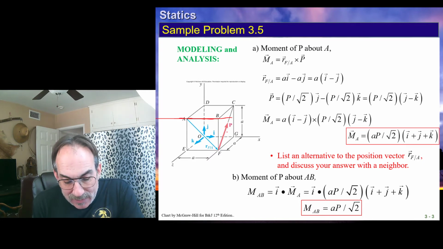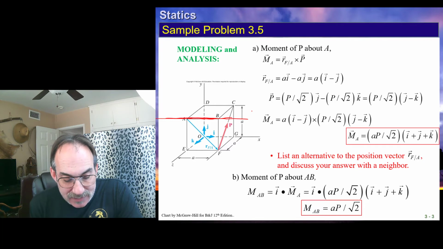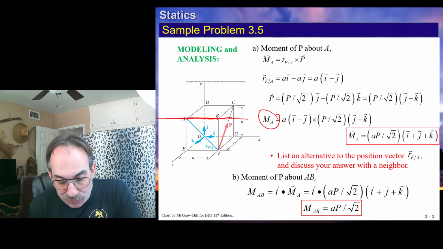Now this force P is causing a moment about AB. What we need to do is first calculate the moment of P about any point along this line of action AB. The convenient points we can see are the moment about A, or we can use the moment about point B. Since we already have the moment about point A, we'll use that.